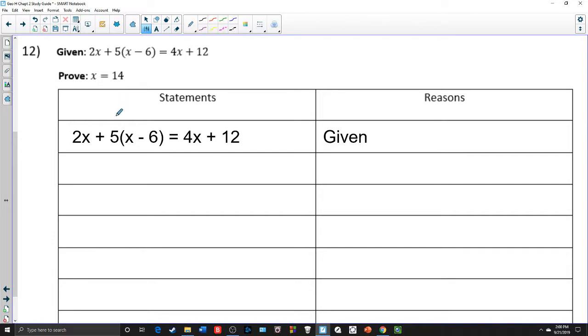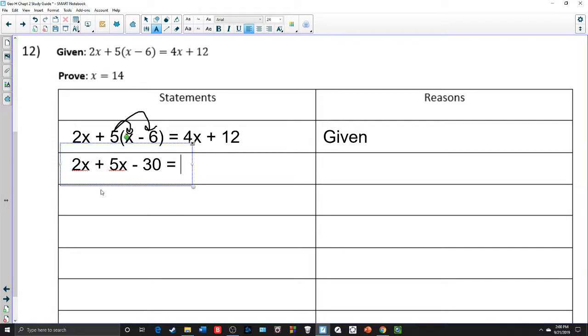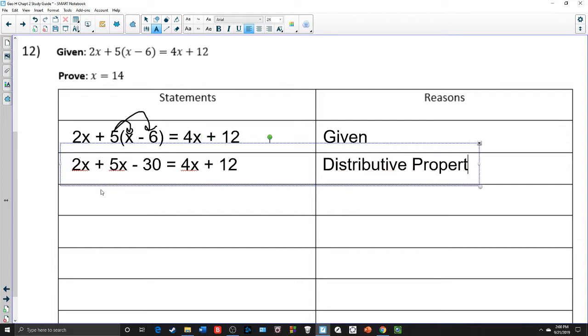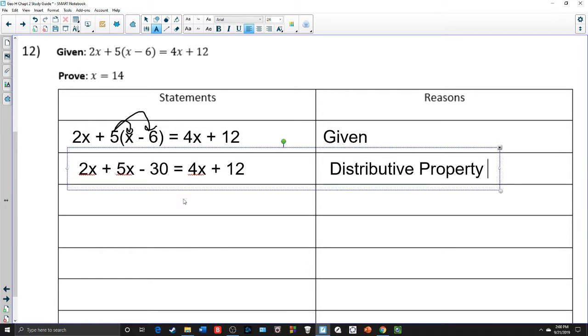So now what's the first thing we have to do? Well, most of you know how to solve an equation. You would start by multiplying this 5 to both numbers. And so you would get 2x plus 5x minus 30 equals 4x plus 12. And we have to give a reason for that, and we know that that's called the distributive property, because we're distributing the 5 to both of them.